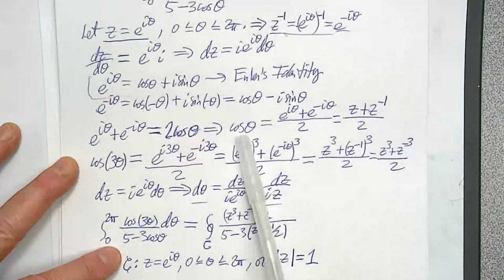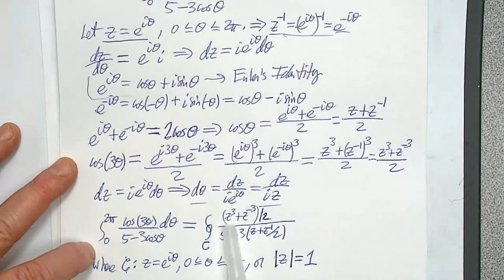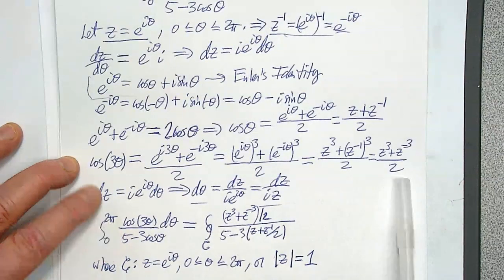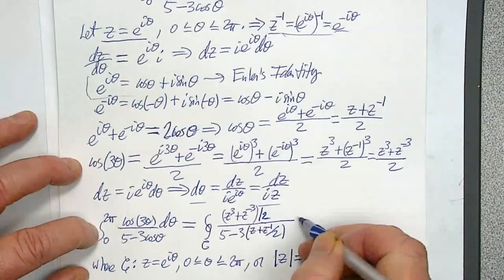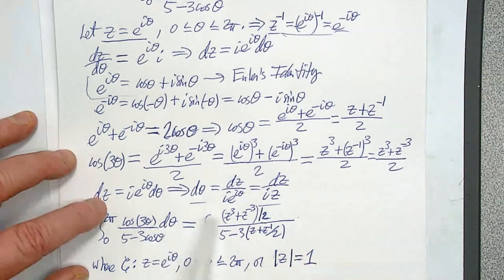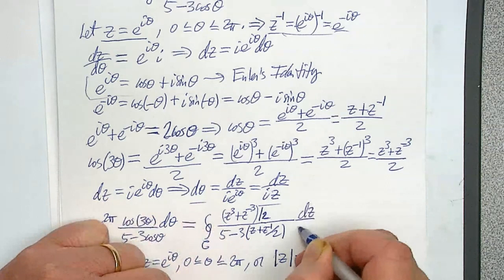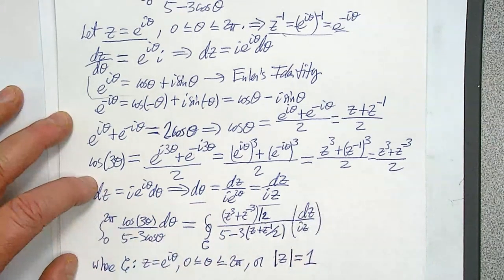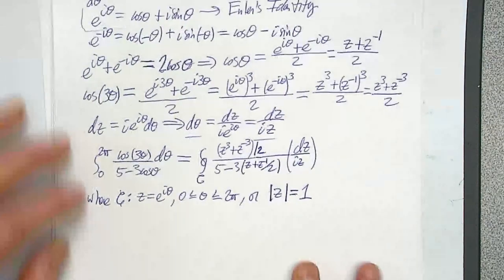So cosine theta is this, and cosine 3 theta is this in terms of z. And we left out the d theta. So the d theta now is dz over iz. That's our d theta. So let's see how we can simplify all this. Do some algebra here.